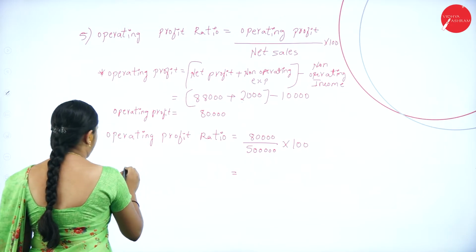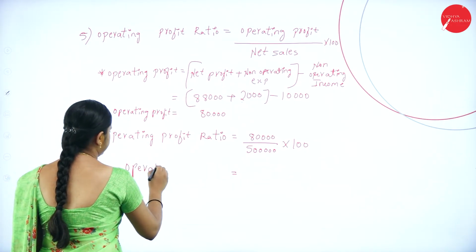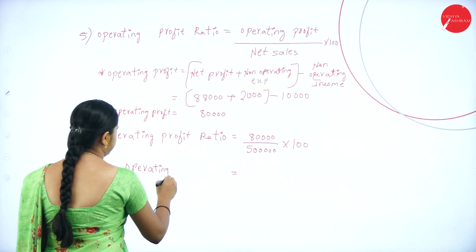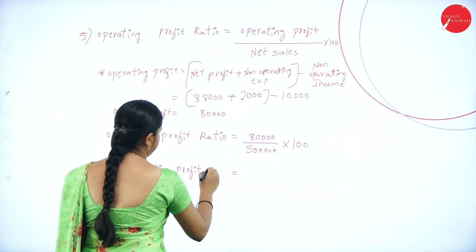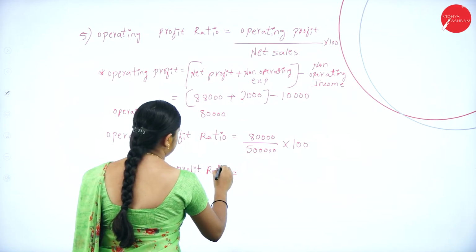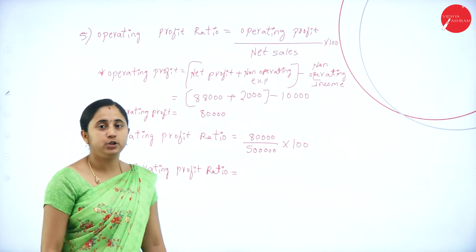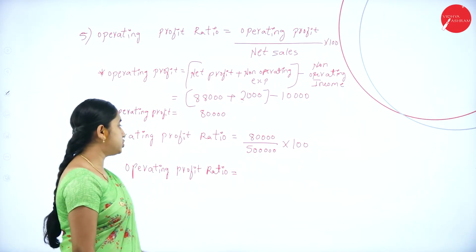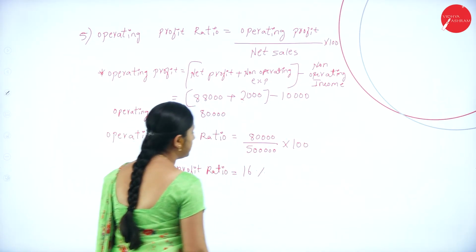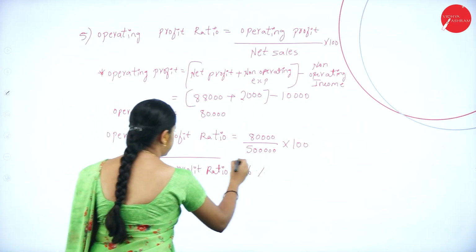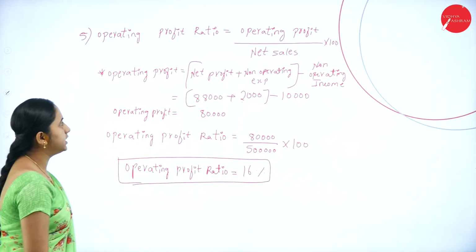The result is 80,000 divided by 5 lakh into 100, which is equal to 16%. It is expressed in percentage. 16% is the operating profit ratio.